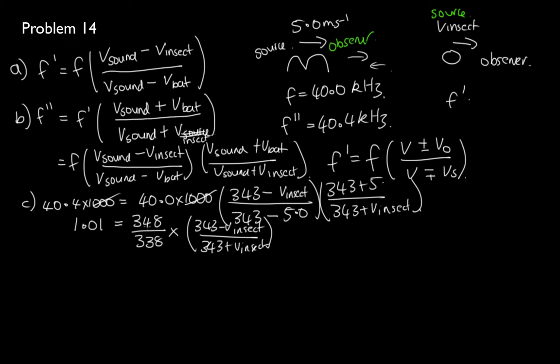Okay, so we can move these numbers over to this side, and we end up with 0.98097 is equal to 343 minus the velocity of the insect over 343 plus the velocity of the insect.